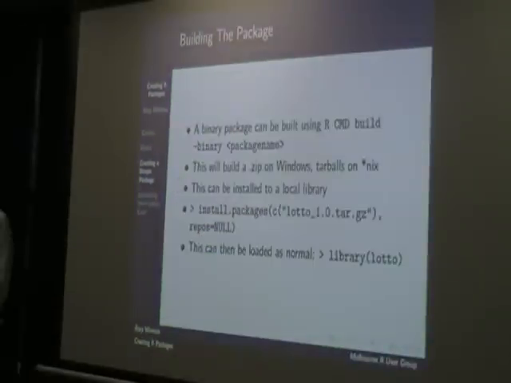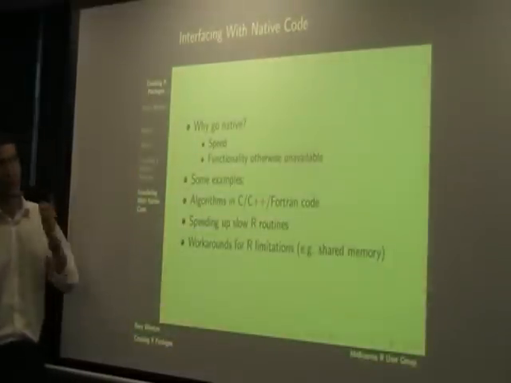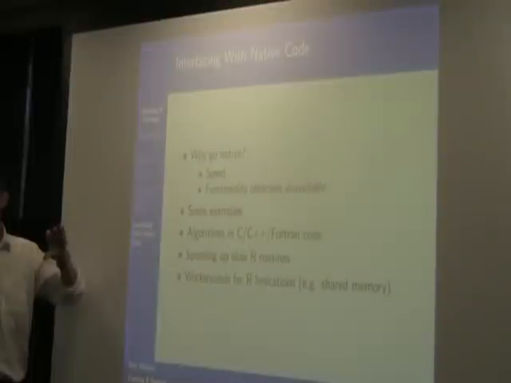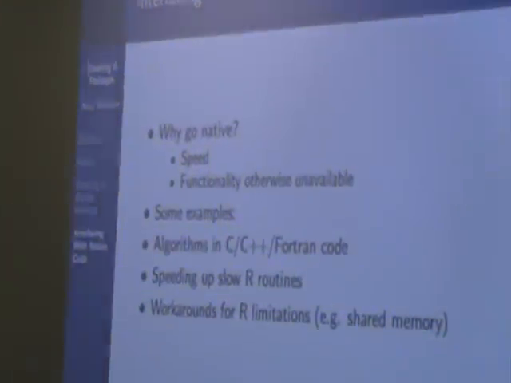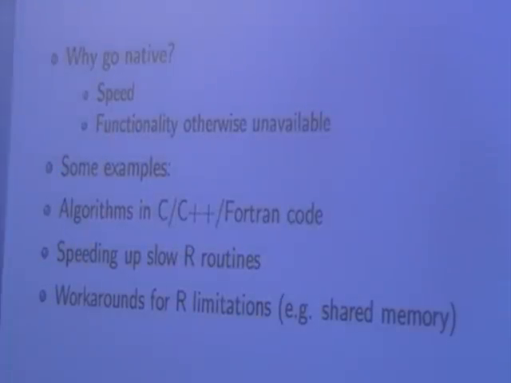All right, so the last section I have was a reasonably simple example of interfacing R to native code, which is one of the neat things you can do with packages. There are quite a lot of packages in CRAN that do this.